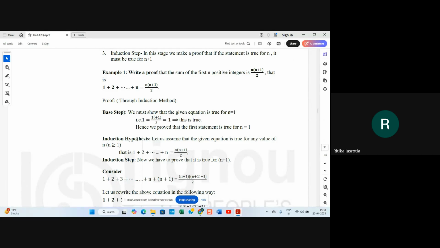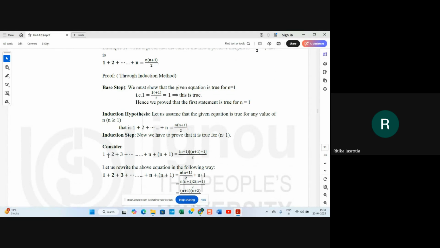Now the hypothesis. Let us assume that the given equation is true for any value of n greater than or equal to 1. So 1 plus 2 plus up to n is equal to n into n plus 1 by 2. Any value we take, it will come out to be true. Now the induction step: we have to prove that it is true for n plus 1, right?